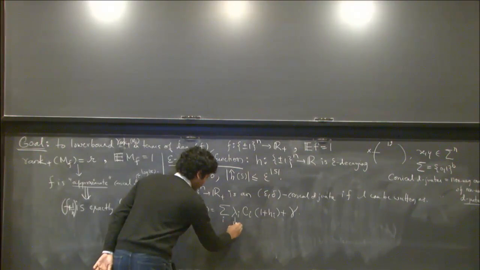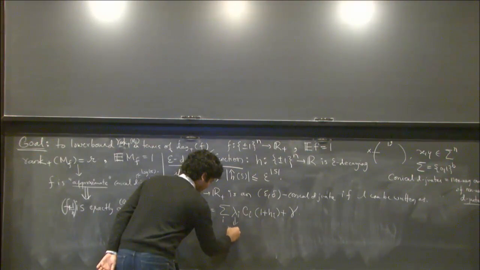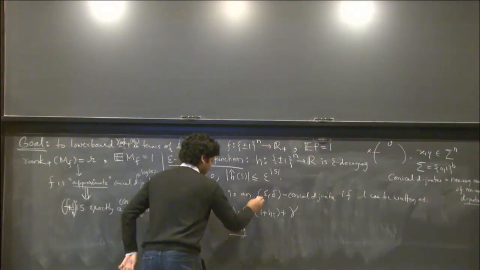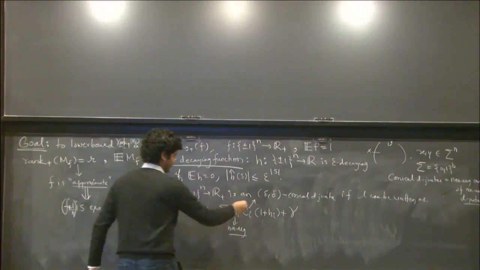These are going to be some non-negative scalars. These are conjunctions, our monomials.